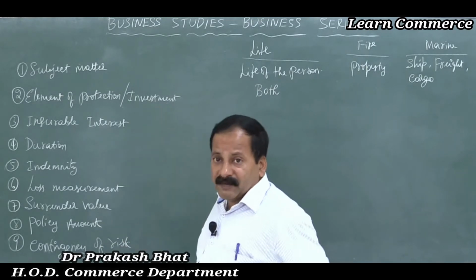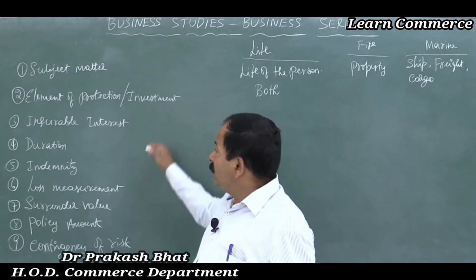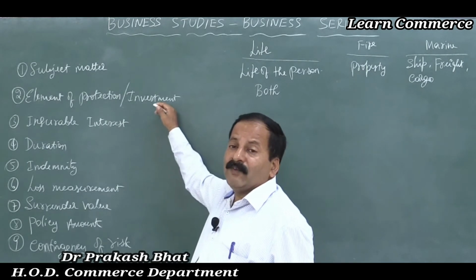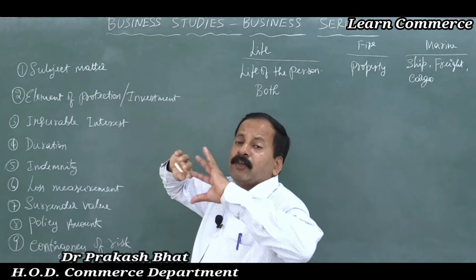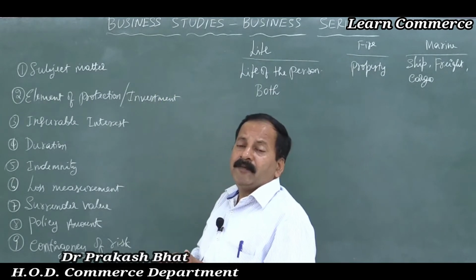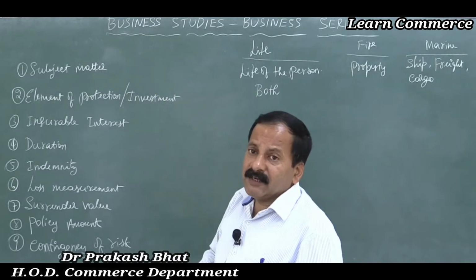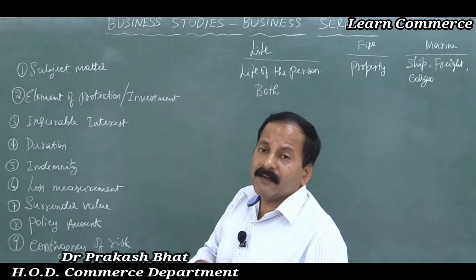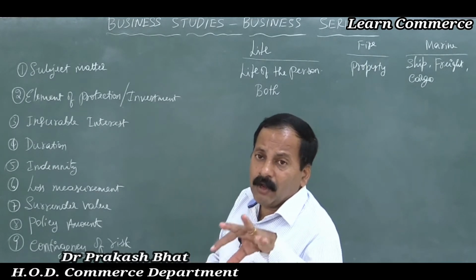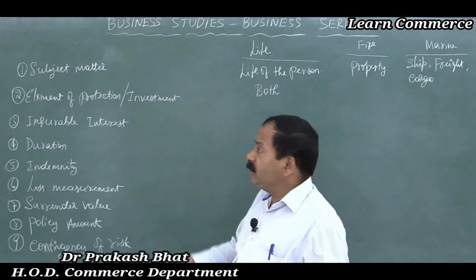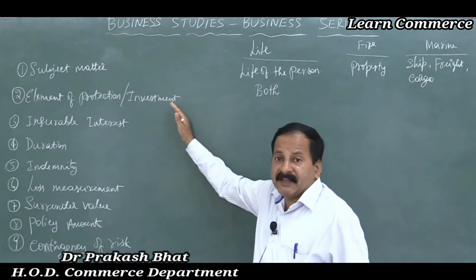If nothing happens, then the amount paid in the form of premium will be accumulated together and will be paid to the insured after the expiry of the term along with vested bonus. So it will become an investment in that case.